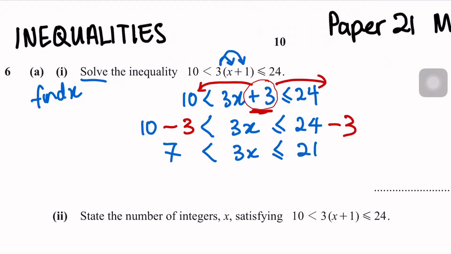Now you have to move the 3, the 3x, to the other side. When you're moving the 3, it will become divide, because in between 3 and x is multiply. So when you move to the other side, it becomes division. So 7 divide by 3, leaving x.